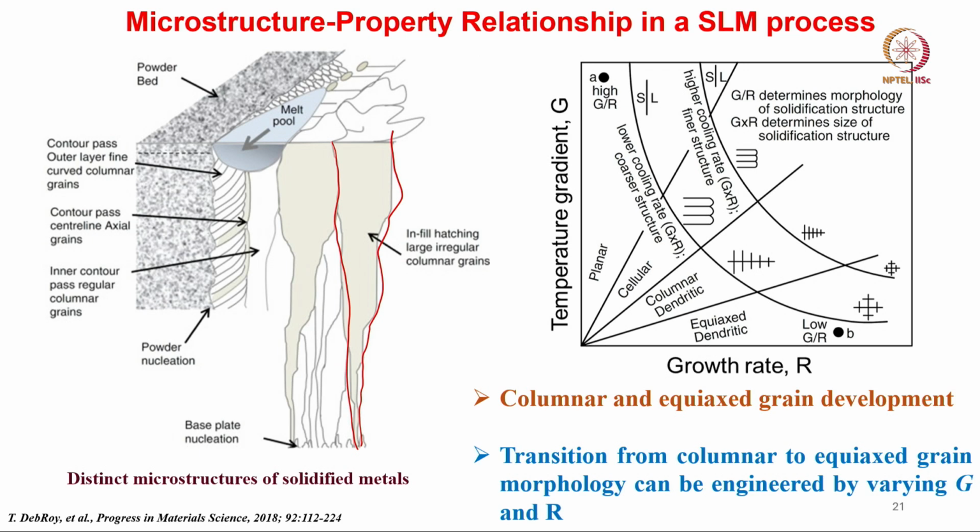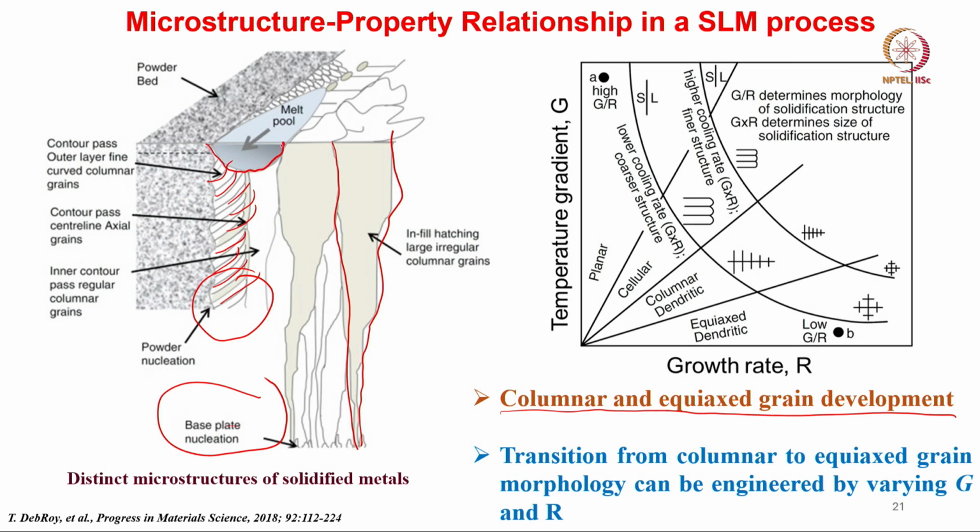So, this is the microstructure property relationship in a typical SLM process. What you see typically is that both columnar and equiax grain morphologies develop. This is the nucleation site of the powder nucleation, this is the base plate nucleation, and these contours that you can see, outer layer curved columnar grains, develop and facilitate the columnar structure.